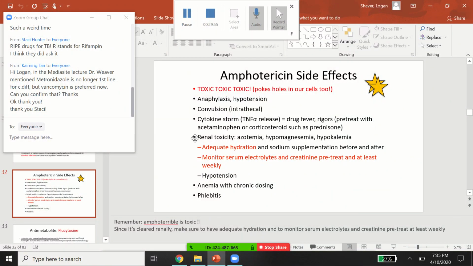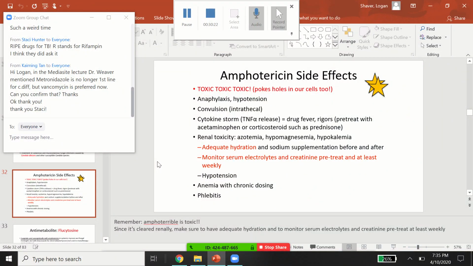So you get that renal toxicity because it gets cleared that way. With that in mind, you need to give extra or adequate hydration to keep back that toxicity. And since you're giving the hydration anyway, you need to monitor serum electrolytes and creatinine pre-treatment and at least weekly after giving amphotericin B.